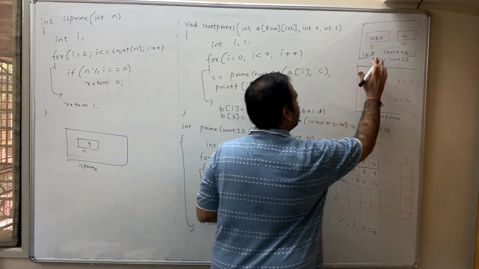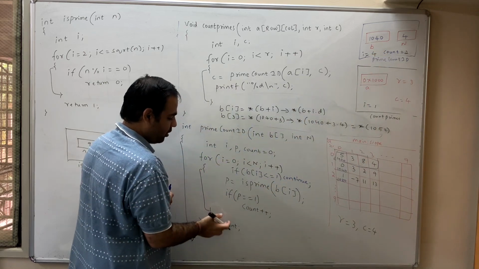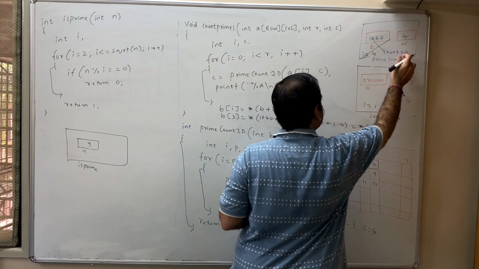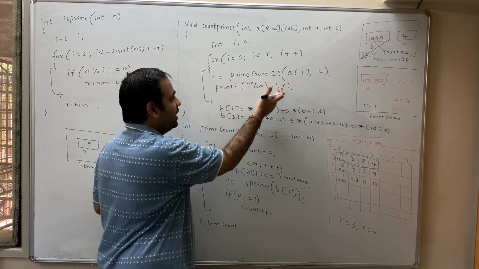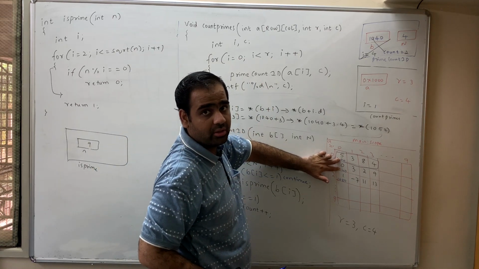Again you say i plus plus, the value of i becomes 4, 4 less than 4 is false, you come out and you say return count. As soon as you return, the scope gets deactivated, the value of count is 2, it will be stored in c, again it prints 2, saying that there are 2 prime numbers in this case.